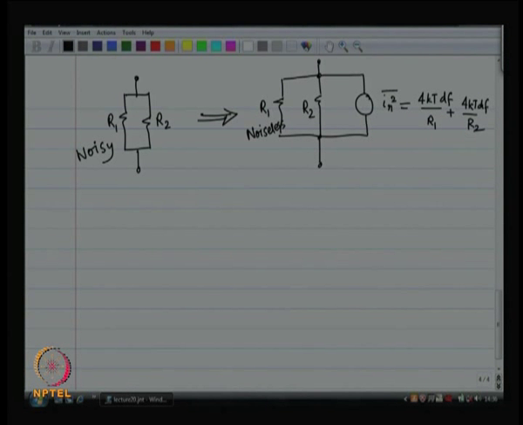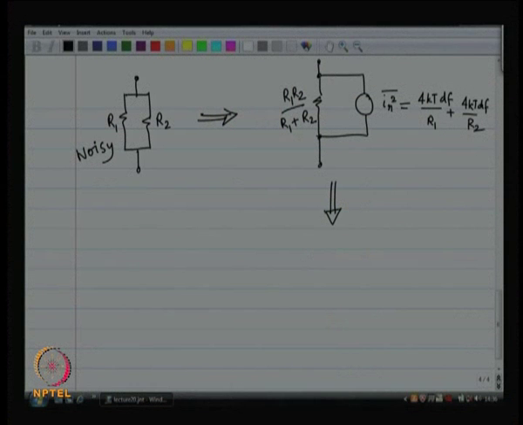Now, of course, I can combine the two resistors to be one of value R1 R2 by R1 plus R2. And if I do so, then I can also transform this current source into its Thevenin equivalent.